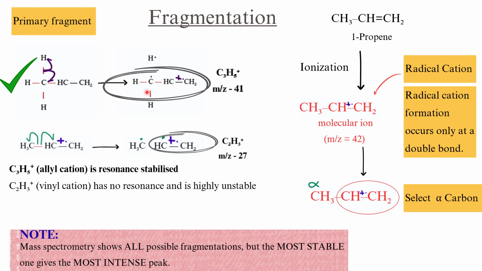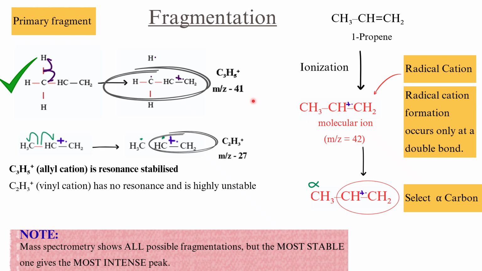All the possible fragments will appear in the mass spectrum, but only those which are more stable will be more intense. So their peak will be taller than the other cations' peaks. Since they are very unstable, they will be formed in very small numbers, because the favorable step is this, as it results in the formation of a more stable radical cation.